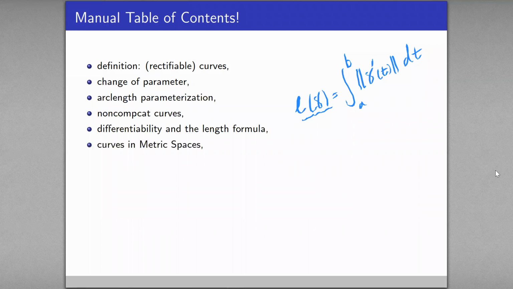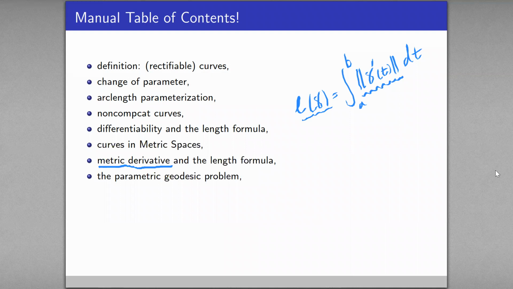After that, we switch to curves in metric spaces. The most important notion will be that of some kind of derivative for these. And with that derivative, we will have this analogous length formula, which is just amazing because with no linear structure, how are you gonna find a substitute for this? Then we talk about the geodesic problem in metric spaces.